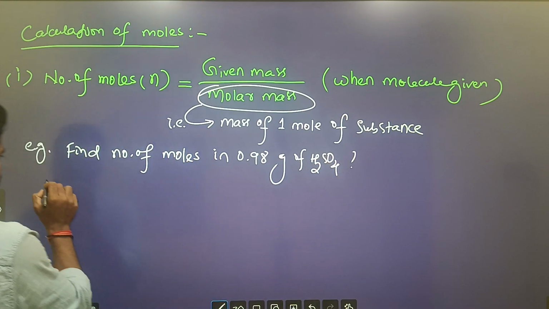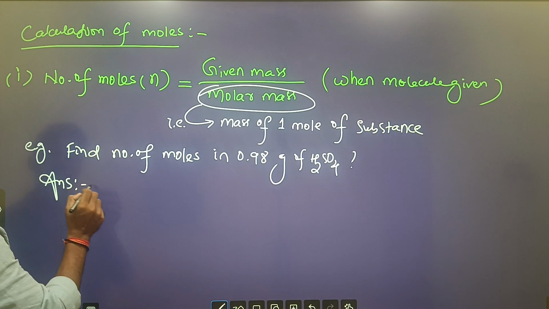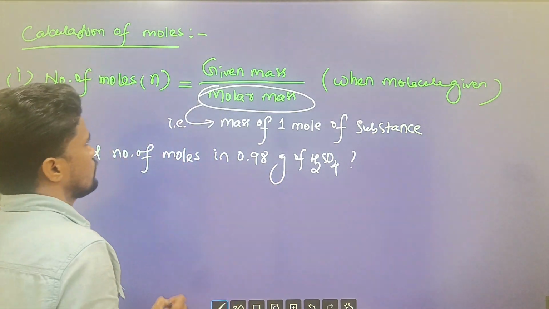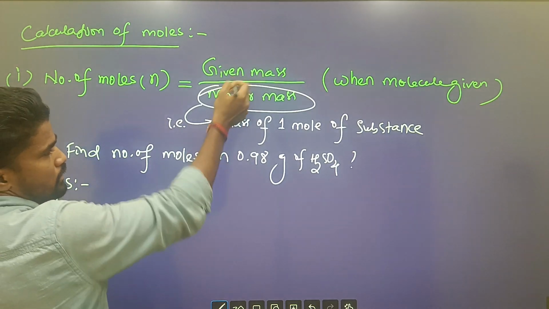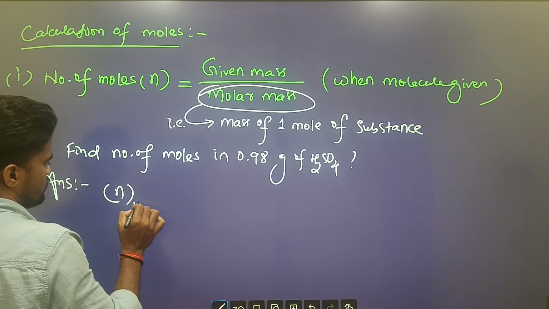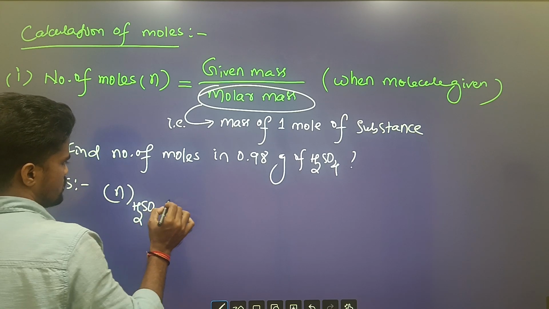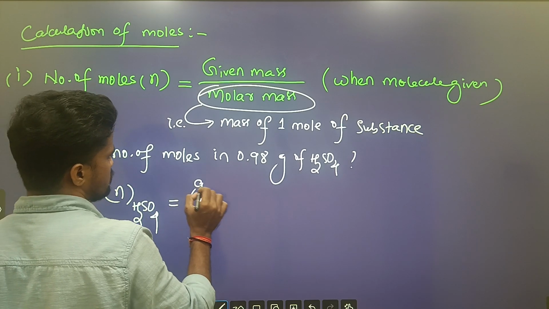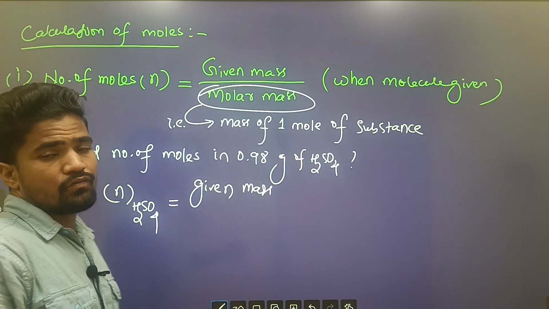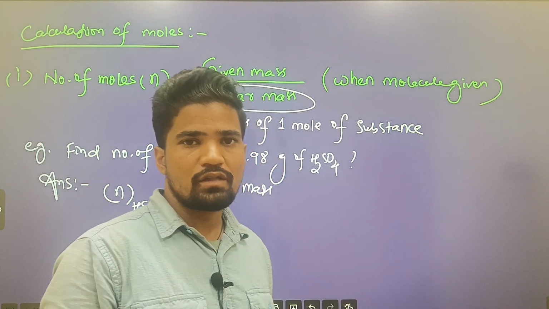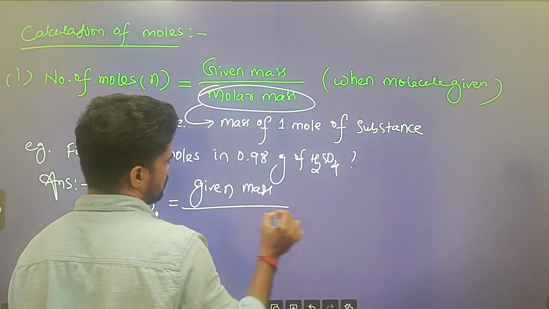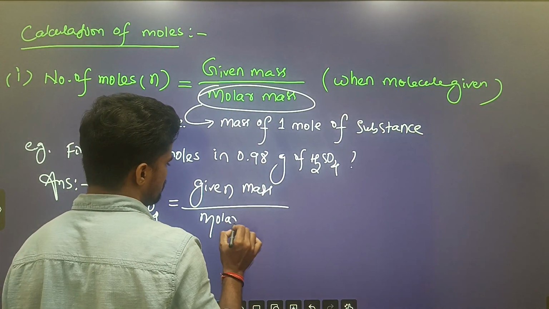How will we do it? Look, what is given in the answer? Mass is given. If the mass of any substance is given in the question, we can apply this formula: number of moles of sulfuric acid is equal to given mass upon molar mass.